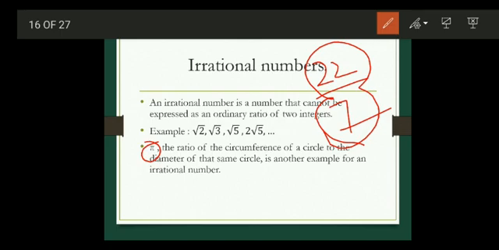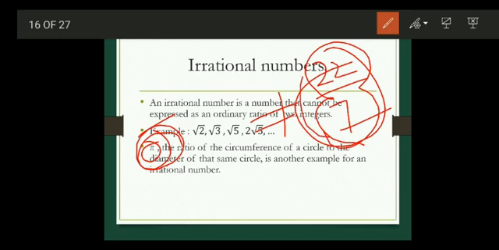But the real value of pi is not equal to 22 by 7. We have approximated it to 22 by 7. Still, there is a lot of research going on to find the value of pi, but for our convenience we have approximated it to 22 by 7.